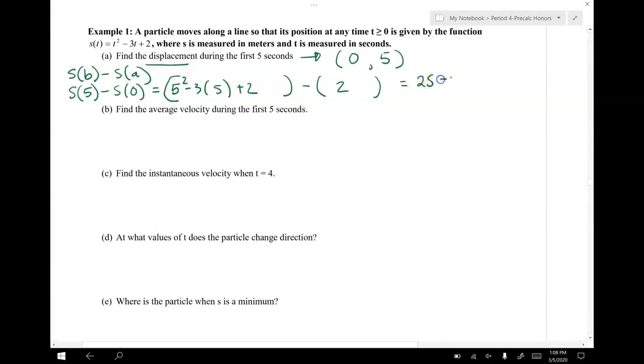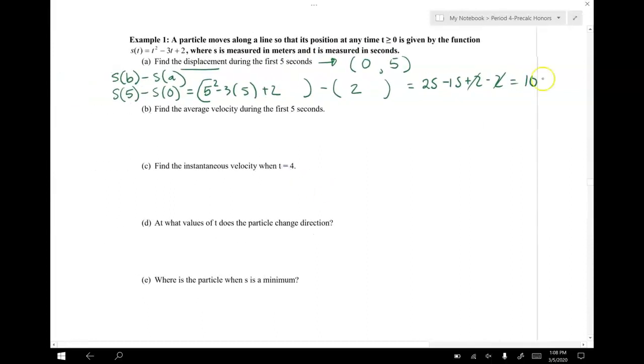That's 25 minus 15 plus 2 minus 2. Those two cancel, so 10. The displacement during the first 5 seconds is 10 meters.